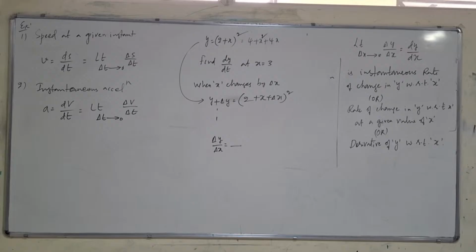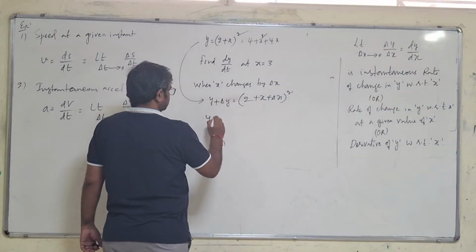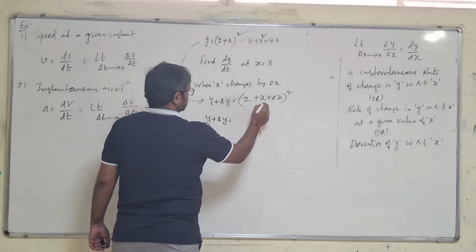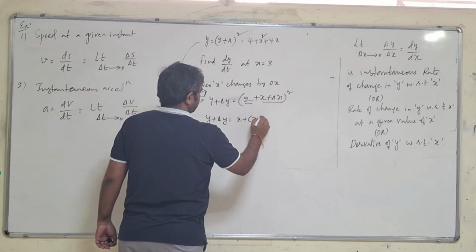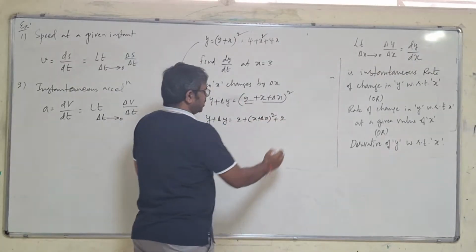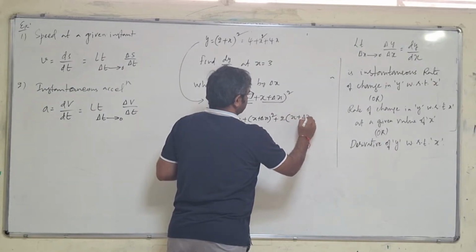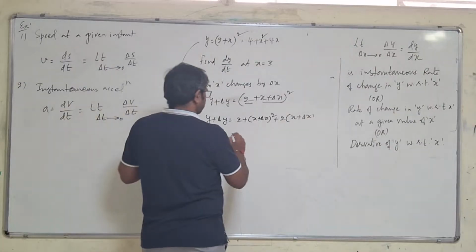What are you getting? When you expand this, call this a, this b: 2 plus x plus delta x whole square, a plus b whole square. Simplify this. What do you get?